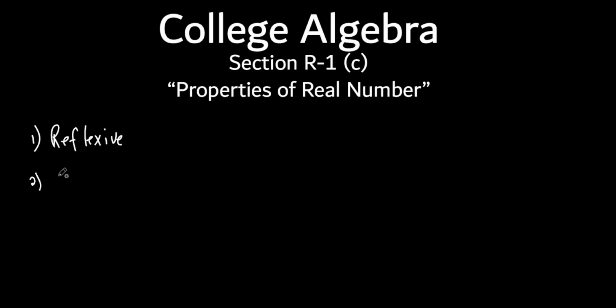So this is the reflexive property, symmetric property, transitive property, and substitution property. Do you remember these words at all?